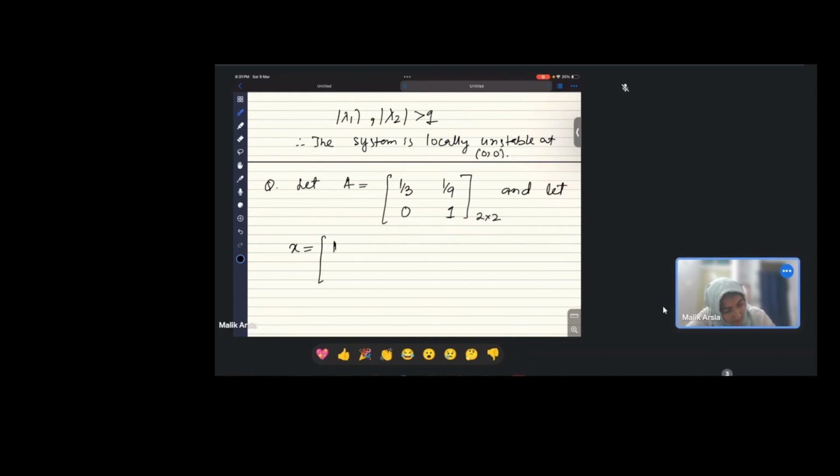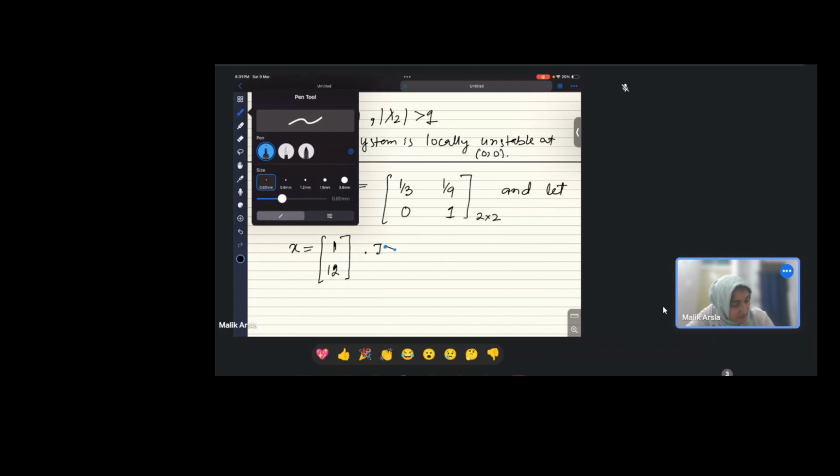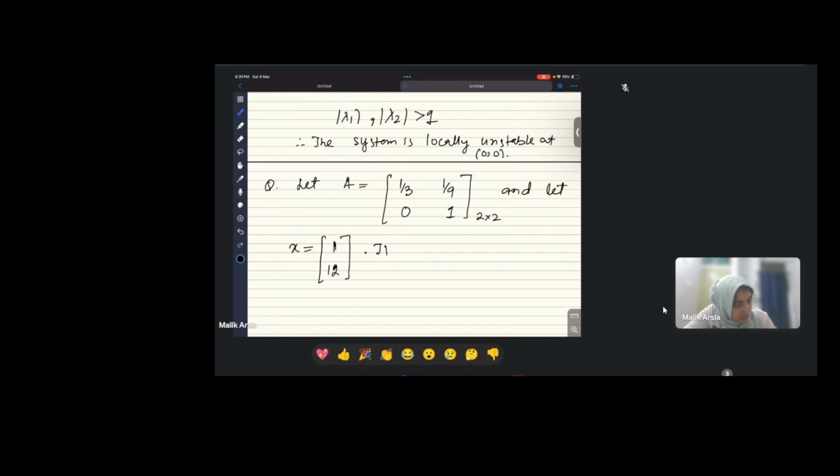Then the limit as k tends to infinity of A power k into x is the answer.